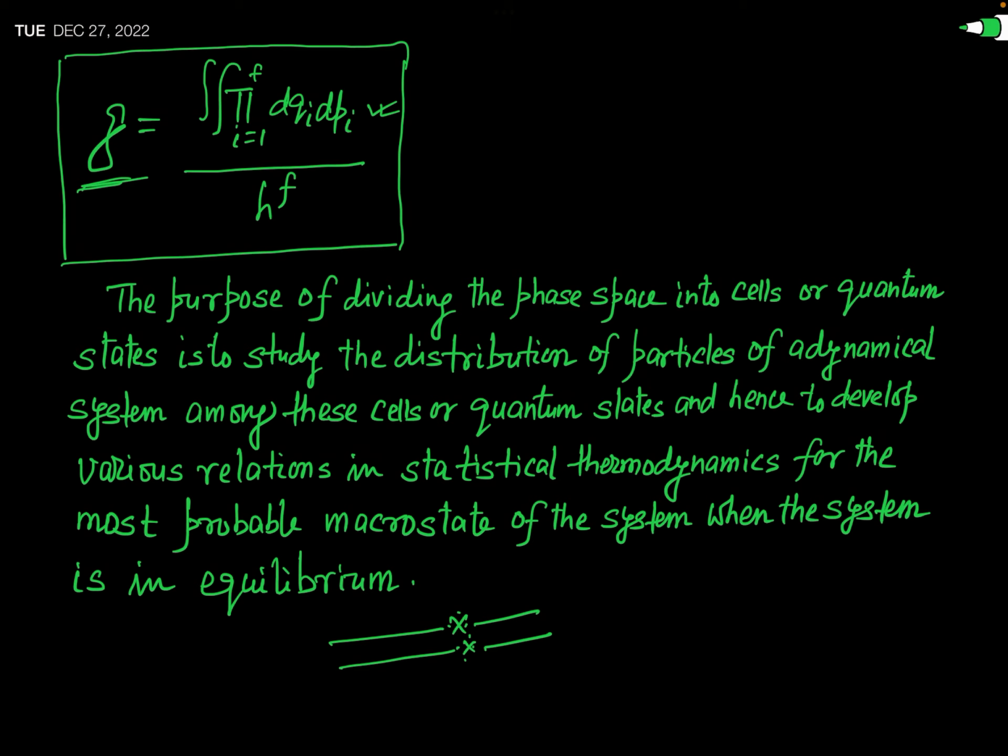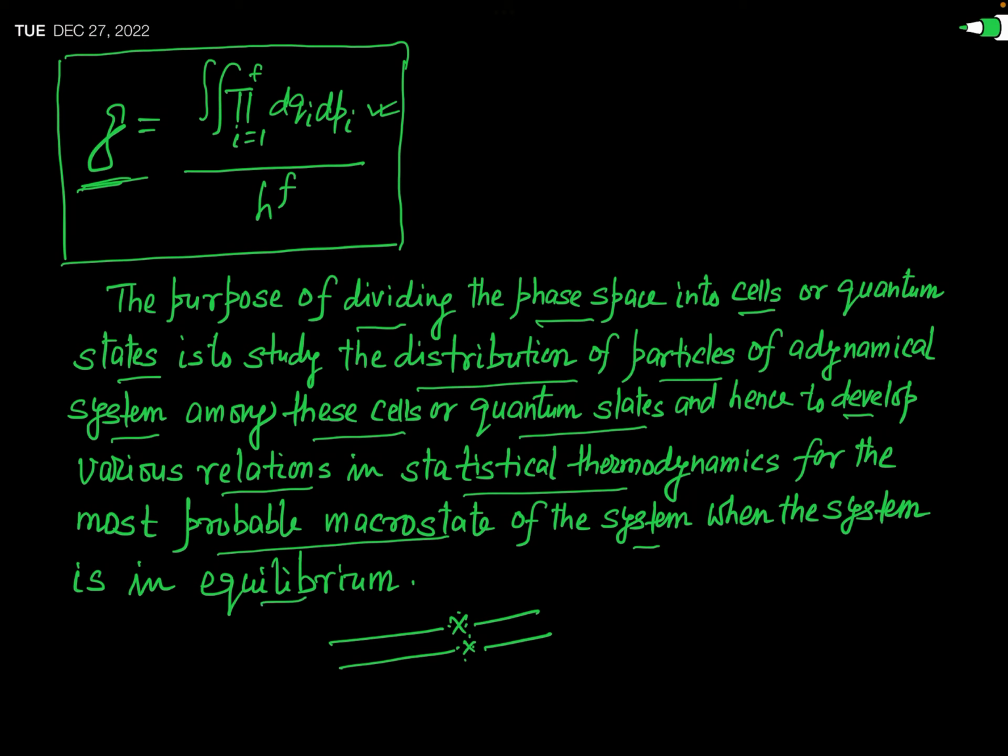You can see the purpose of dividing the phase space into phase cells or quantum states is to study the distribution of particles of a dynamical system among these cells or quantum states, and hence to develop various relations in statistical thermodynamics for the most probable macrostate of the system when the system is in equilibrium.